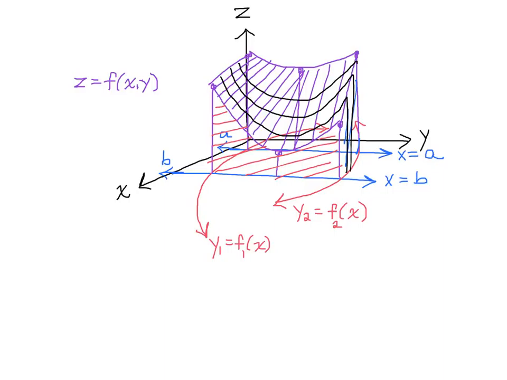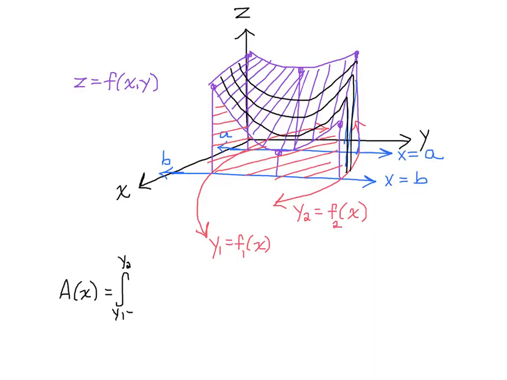Now the area for each one of these slices is the area with respect to x. So depending on where we are in the x-axis, we'll have a different slice of area, and we would integrate this from y sub 1 to y sub 2.